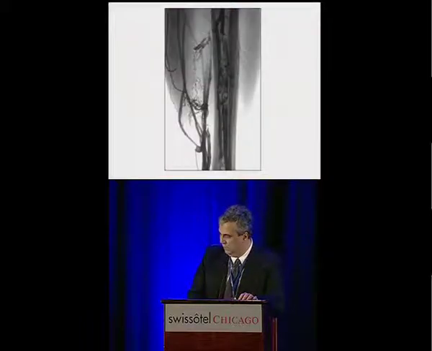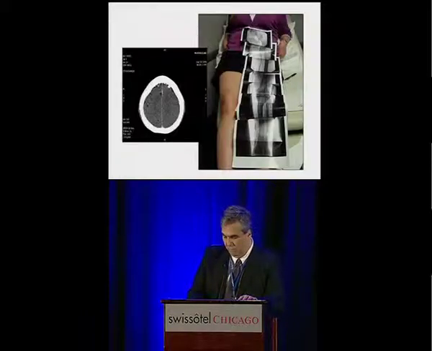So these are the images of all these clots sitting in the infrapopliteal veins. And if you don't get rid of them, the proximal reconstruction won't work. So what we do is study the entire system. As I said, you have to treat everything, especially the infrapopliteal veins, so you can decide what to do.